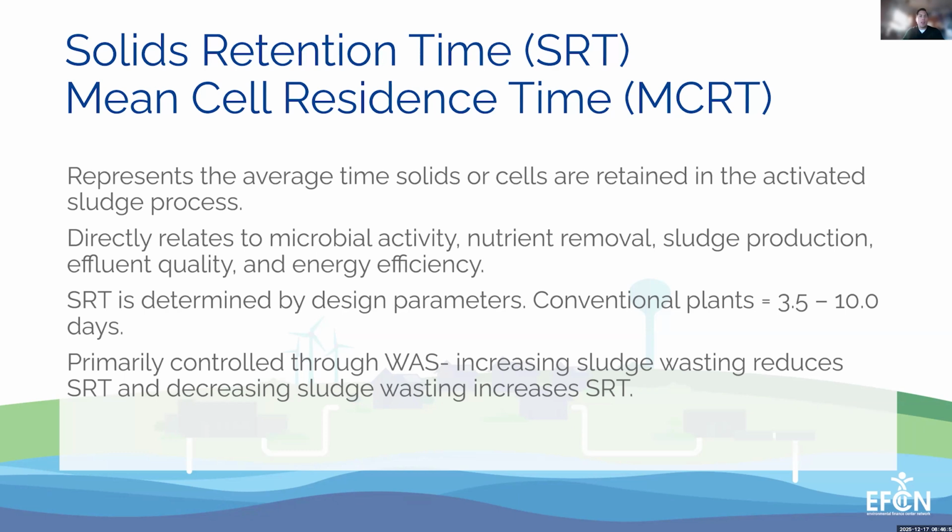If you have one high and the other high, it either means that something's really odd in your process, or you may be calculating them incorrectly. But for conventional plants, you usually want to see about 3.5 to 10 days for an SRT calculation. And then, like I said, it is primarily controlled through wasting.